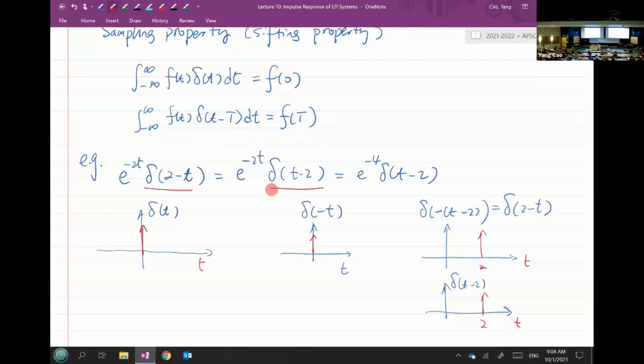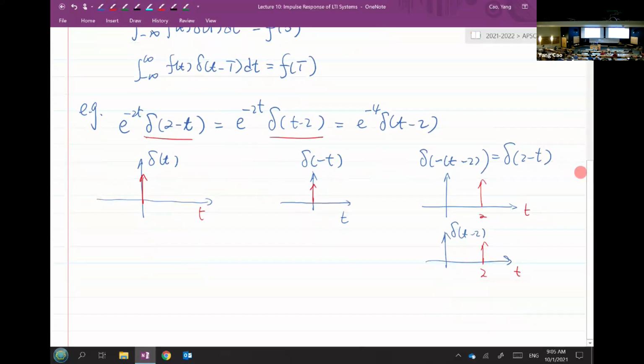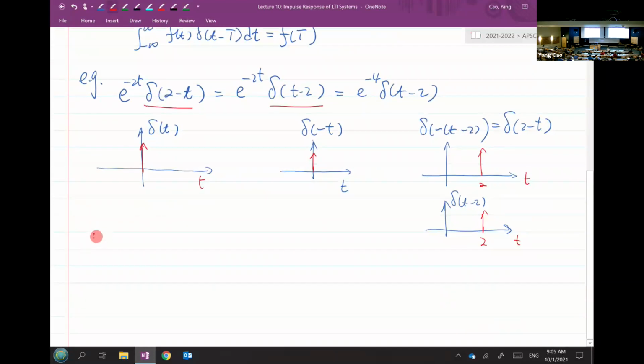All right, and then we also reviewed the relationship between the unit step function and delta t. Unit step function, impulse function, how they are related.